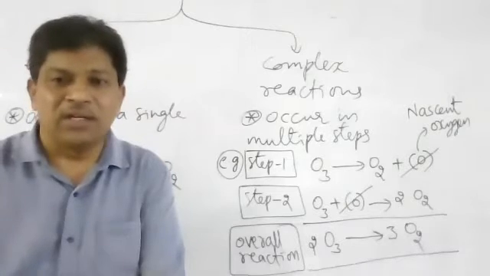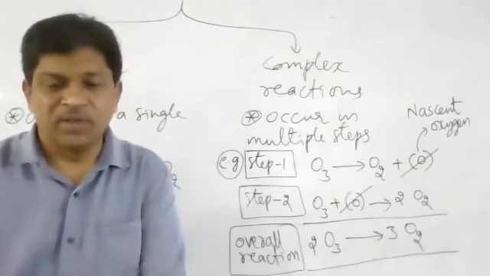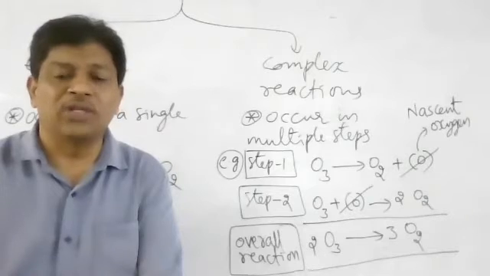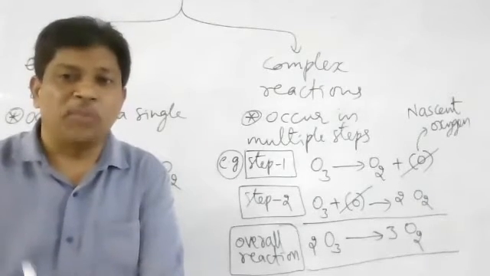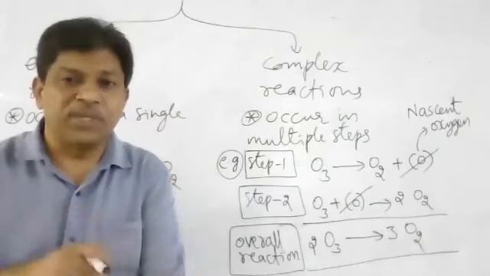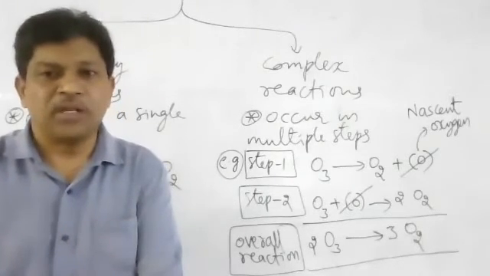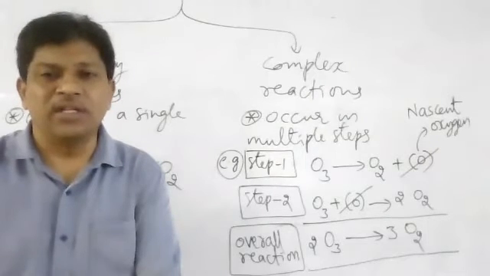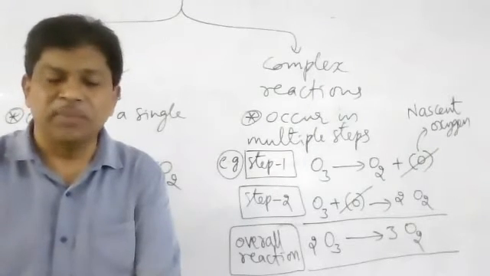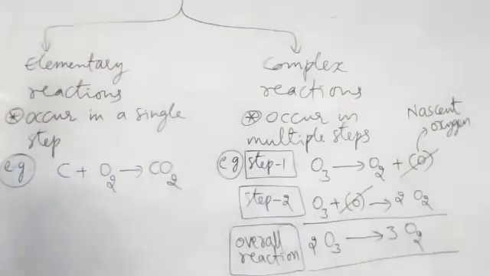So you have to learn some examples of complex reactions from different reference books: in each complex reaction, how many steps there are, and which step is slow and which is fast. Theoretically, we can't understand which is the slow step and which is the fast step. Is that clear? So take a screenshot of this.